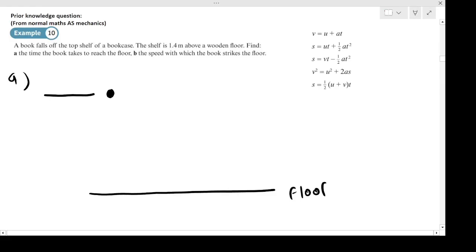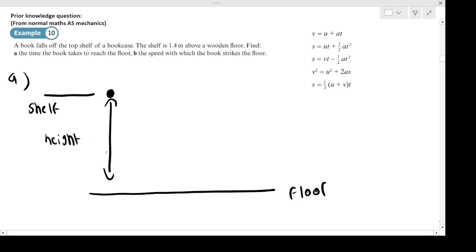So this is my shelf, and the book, which is my dot, is going to fall downwards towards the floor. Firstly, this is going to be my height. From the shelf to the floor, that's my height, or my distance, if you will.